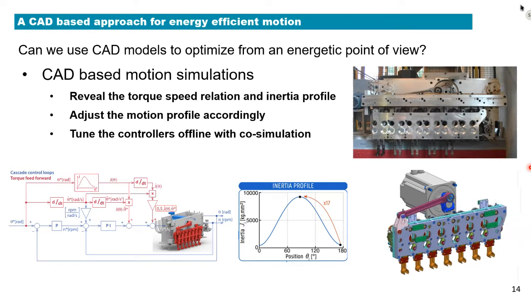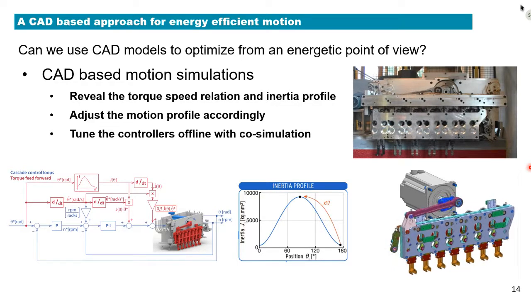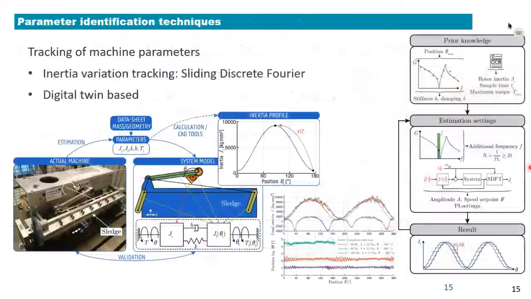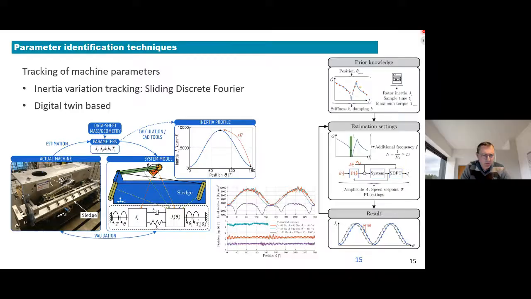Another thing that we have worked on is the next slide, in which we also have the opportunity to use that information from a CAD model to have a reduced model, which allows us in this case to have an identification of the change of inertia if we run different products on the machine.